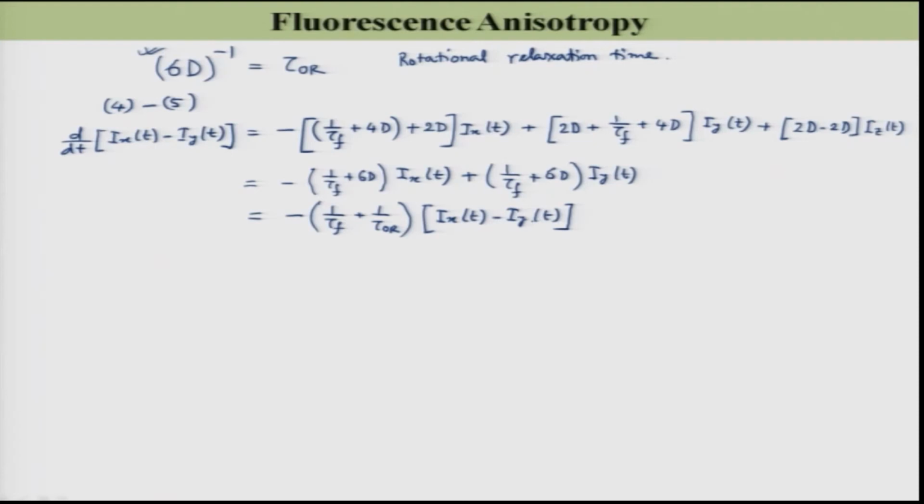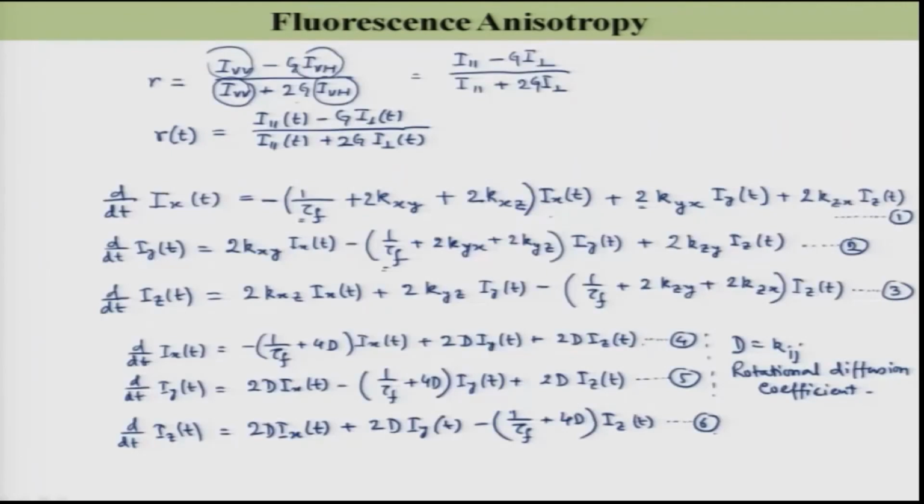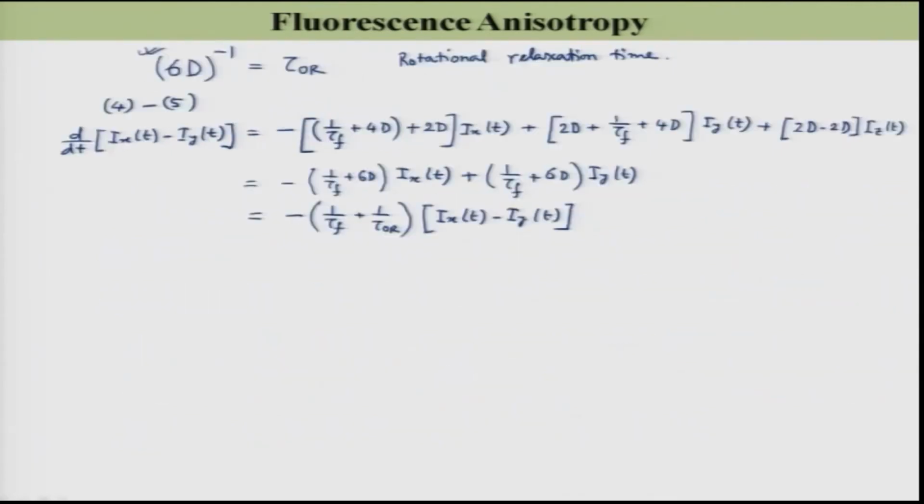Okay. Now, I have done the 4 minus 5. Now, I can do that for x and z, so it is 4 minus 6 that I can do, right, but before doing that let us integrate this.